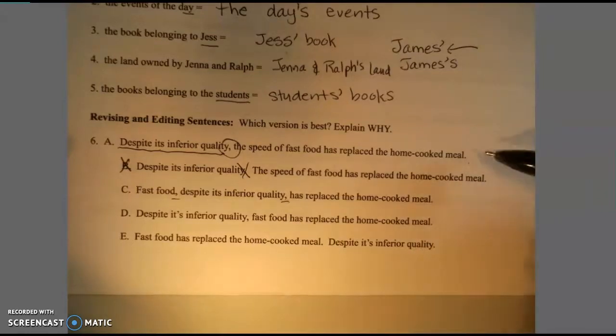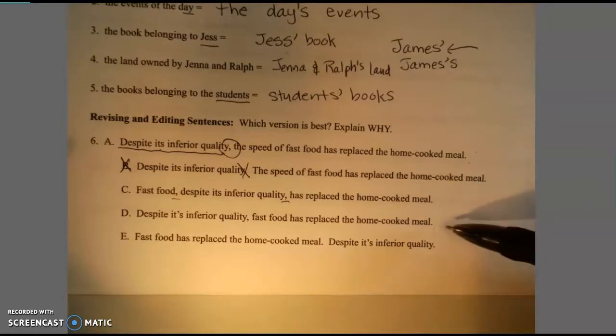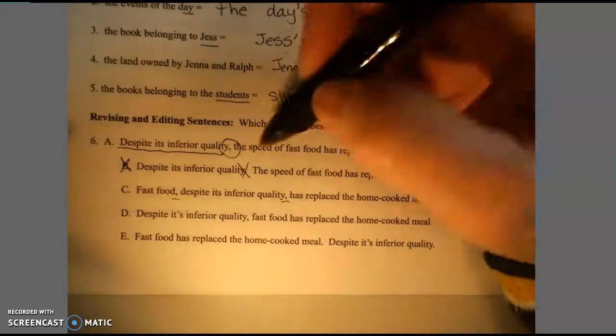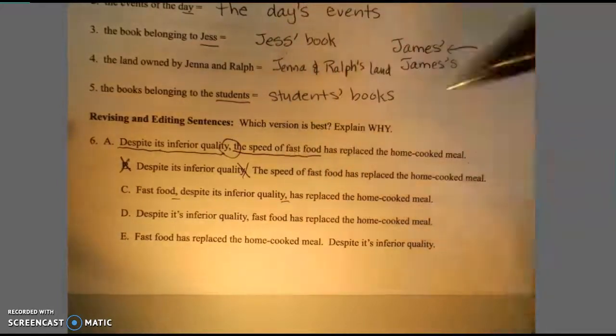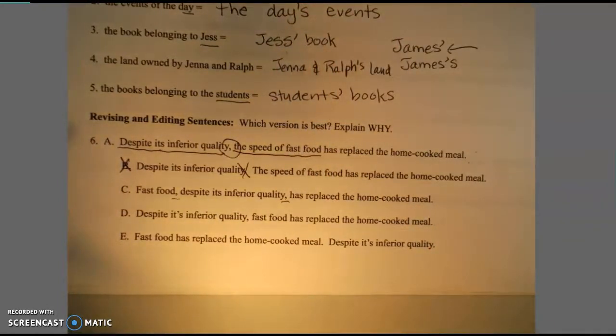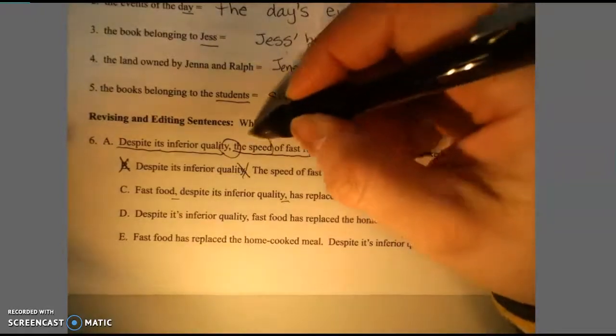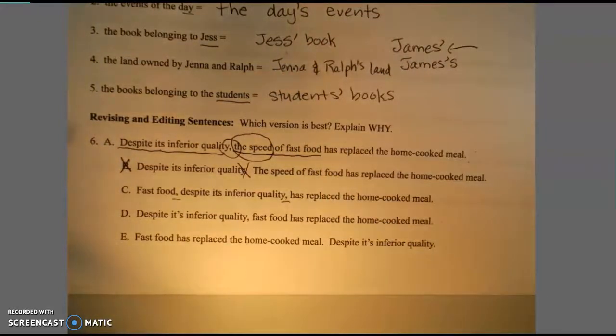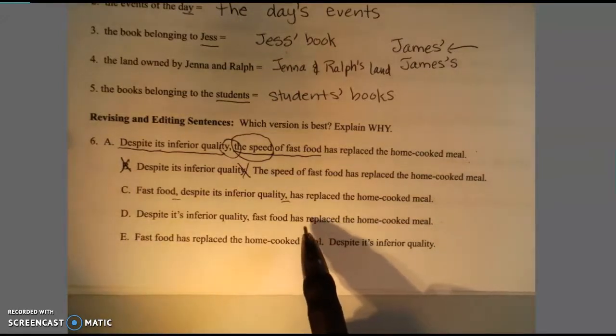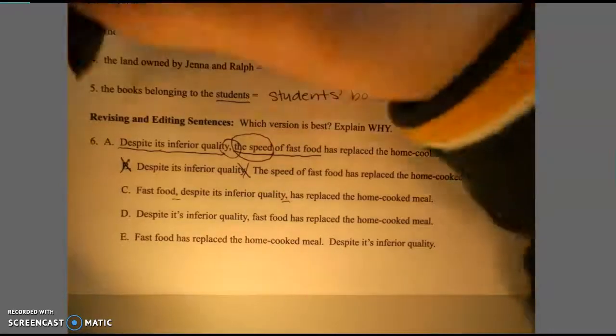This one is a lot like A, but what I like better about this one than A is that in A they say the speed of fast food has replaced the home-cooked meal, and I don't think the sentence means to say that the speed has replaced the home-cooked meal, and I like C better, so I'm going to take A out of the running.